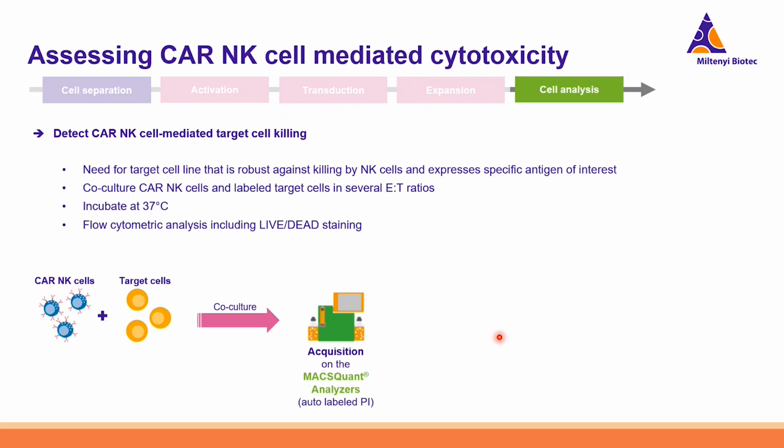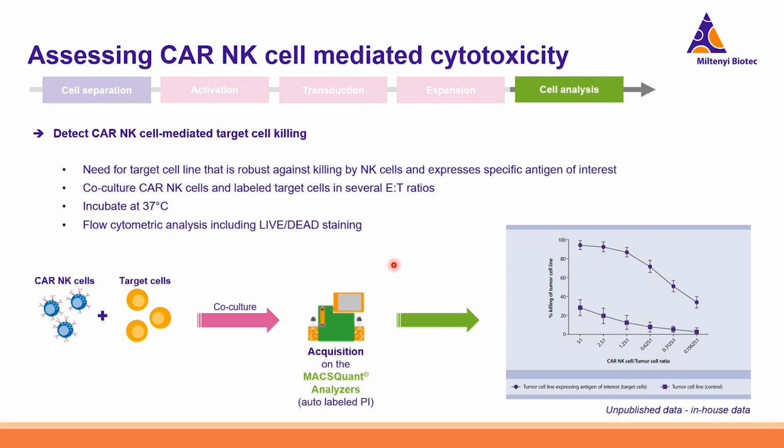To detect the target cell killing, the target cell line will be co-cultured with the CAR NK cells. And then in an effector to target ratio dependent manner, of course, the killing capacity is analyzed, and all of this can be done in combination with the MACSQuant Analyzer.